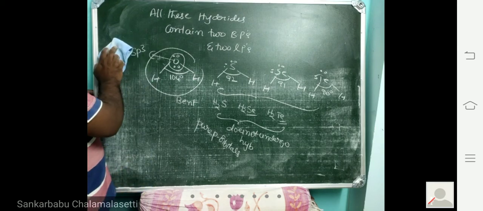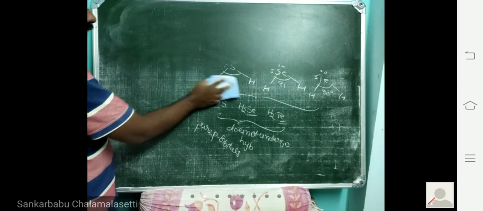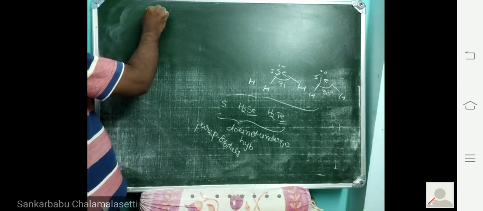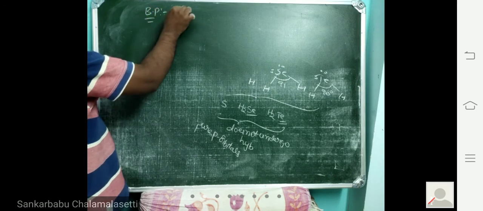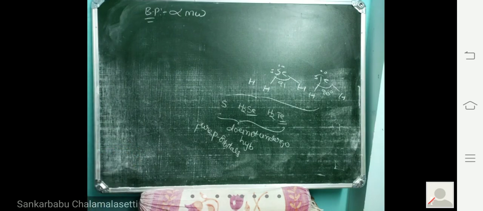After that, boiling point and melting point. Let us see the boiling point. Generally, boiling point is directly proportional to molecular weight. As molecular weight increases, boiling point increases.